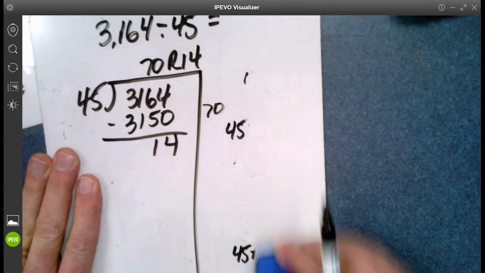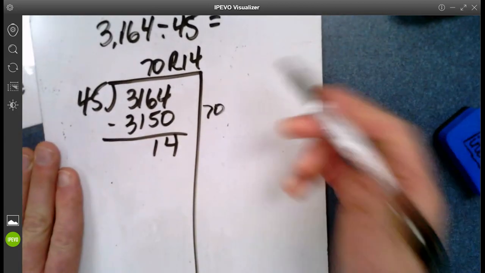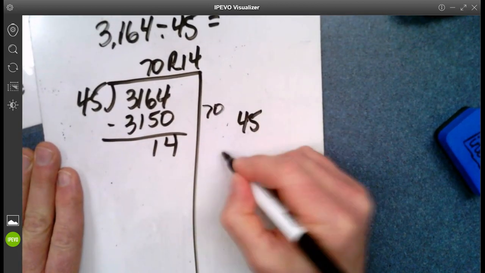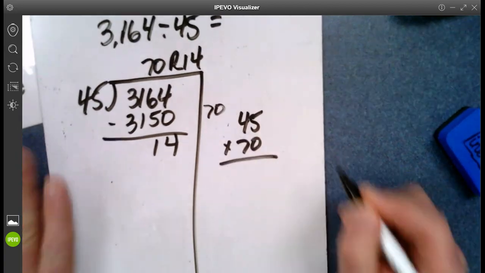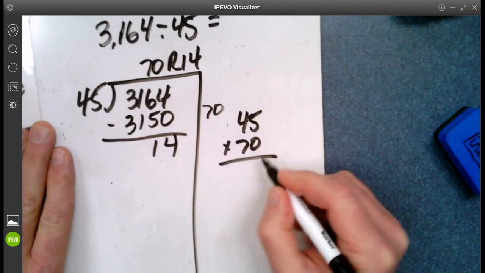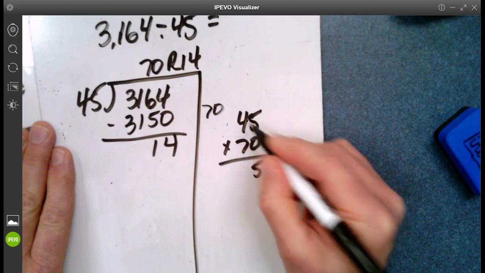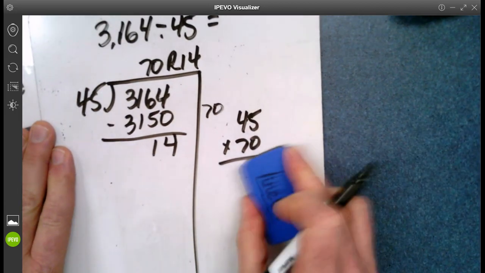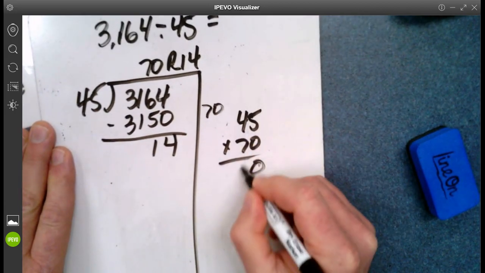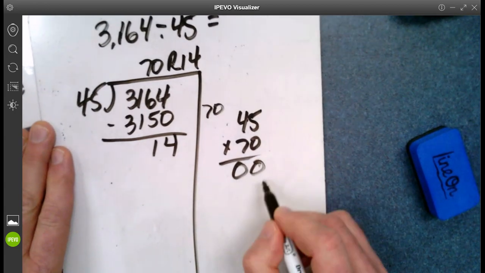So again, I'm going to use multiplication to check my work. 45 times 70, 5 times 0 is 0. 5 times 0 is 0. 4 times 0 is 0. So nothing's there.